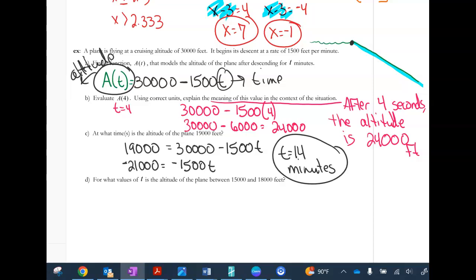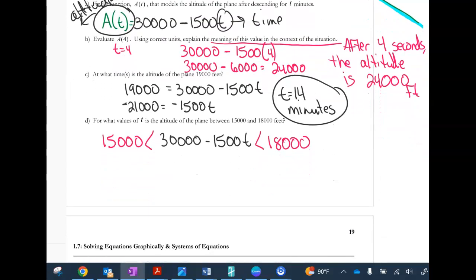All right, and for what values of t is the altitude of the plane between 15,000 and 8,000? So if this whole equation represents the altitude, then between is putting it like this. And in this situation, instead of breaking it into two problems, I'm going to show you with one problem. So essentially, putting these lines here, I'm going to get this t in this part alone.